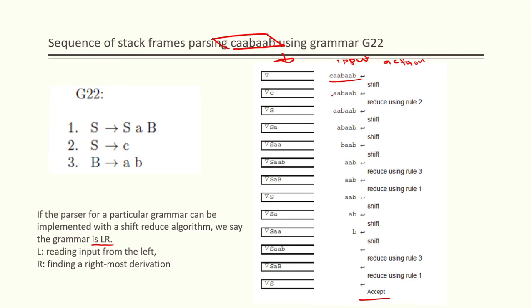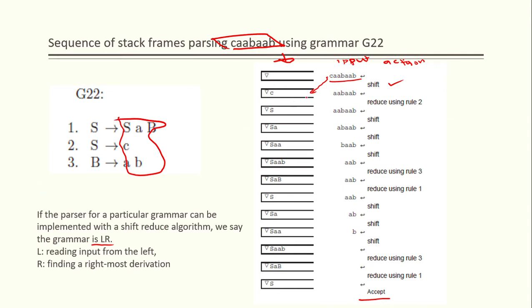The first operation is you need to shift the input into your stack. So push the first symbol of your input string into the stack, which is C. We call it shift. Now you want to check. After you shift, you need to check whether there is any right-hand side of the grammar that is similar to the one inside your stack.